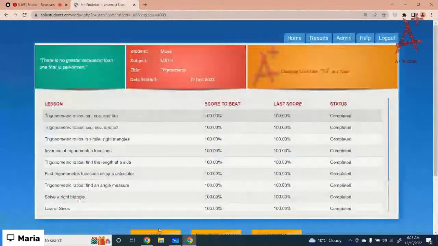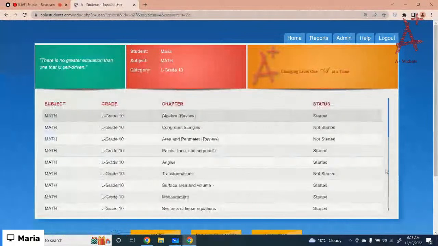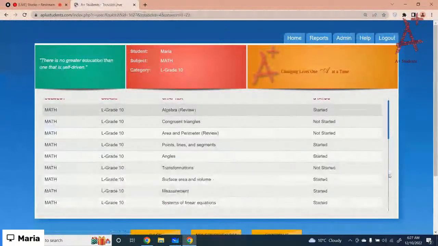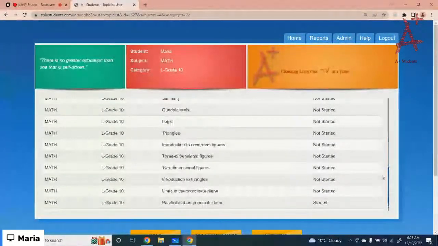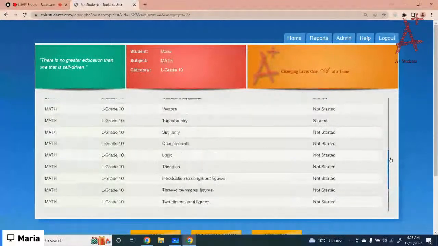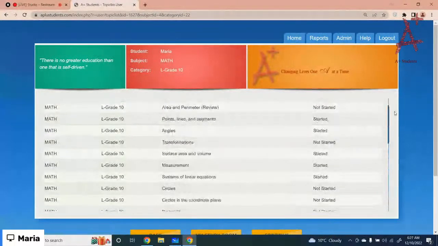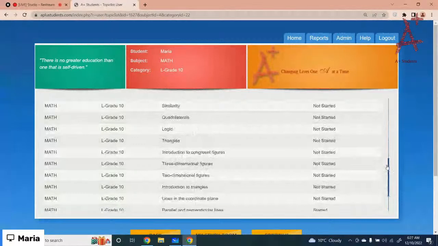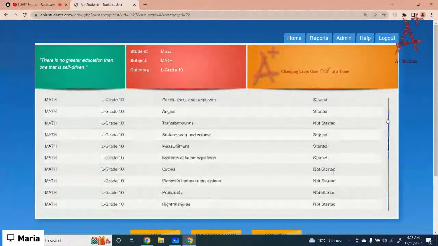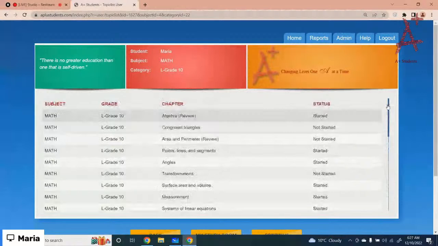Let's just go back to the grade 10 maths. Let me just find the chapter factoring.